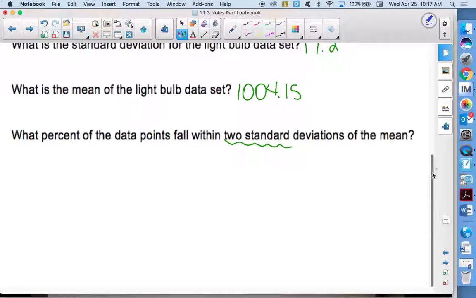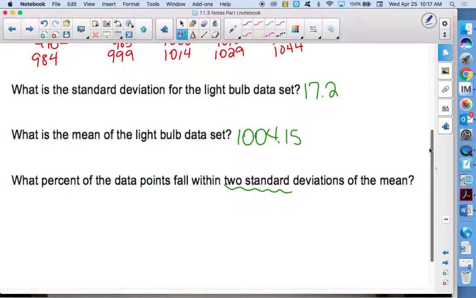So how do you think you could use the standard deviation and the mean to figure out a number that we can use as a comparison to see, do my values fall within this number? So how can we calculate that? So our goal is to find a lower bound, a lower number, and an upper bound, an upper numerical value.